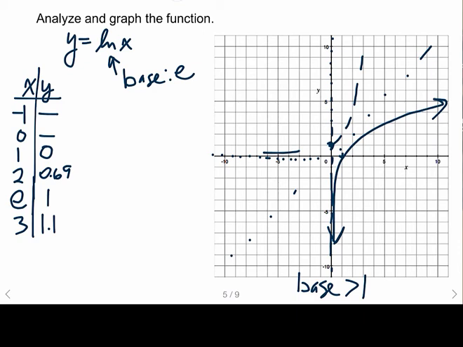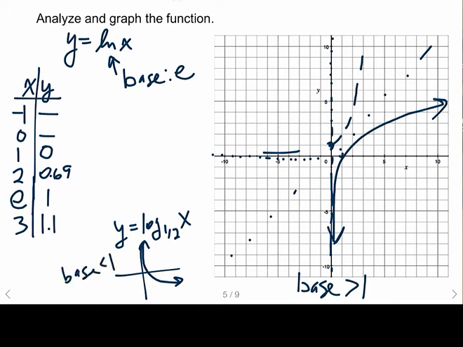In the case where we had y is equal to log base 1/2 of x a few minutes ago, we had a graph that was asymptotic up in the y-axis and then curved down and to the right. That's going to happen whenever the base is between 0 and 1.